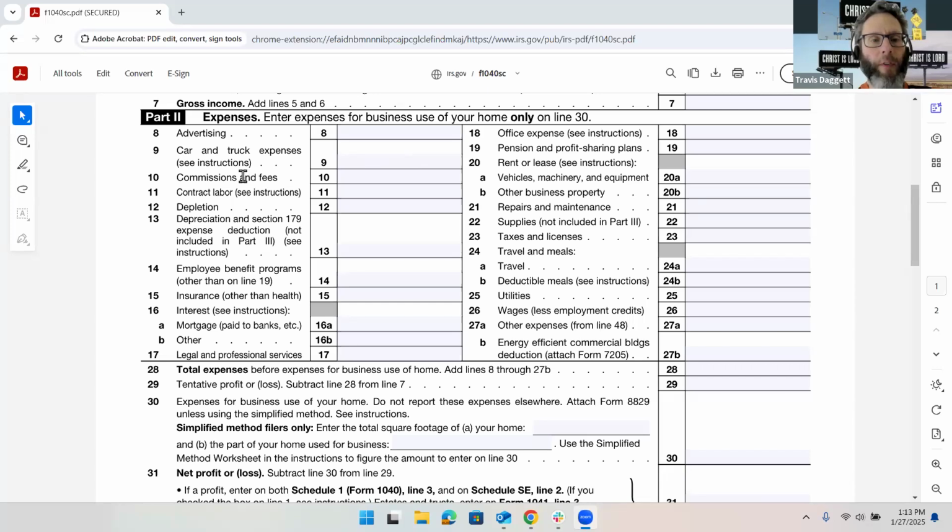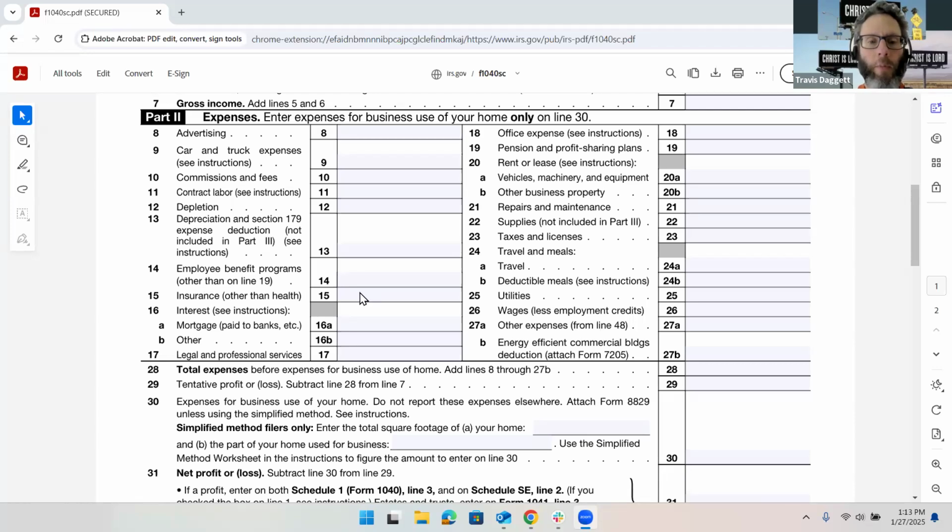Commissions and fees, pretty self-explanatory. Contract labor would be typically someone you would send a 1099 to if you paid them $600 or more. Depletion and depreciation, a little bit too detailed to go into here. Insurance, again, this would be any kind of insurance that is related to the business.